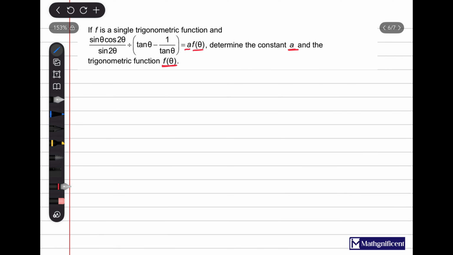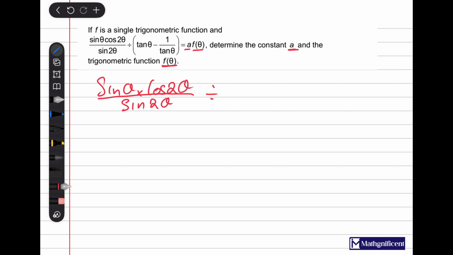So we have sine theta times cos 2 theta all over sine 2 theta divided by open bracket, then we have tan theta minus 1 over tan theta. This is what we have.